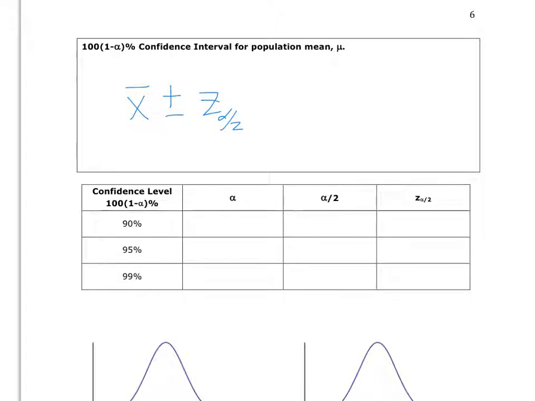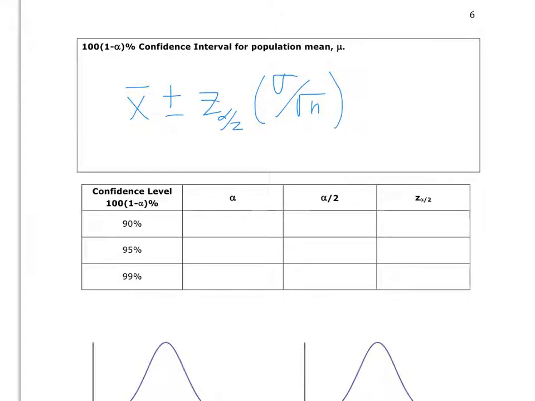And then that's still multiplied by sigma over the square root n. There are 3 typical confidence levels, so we're going to identify what those Z values are, and then we don't have to look it up every time.